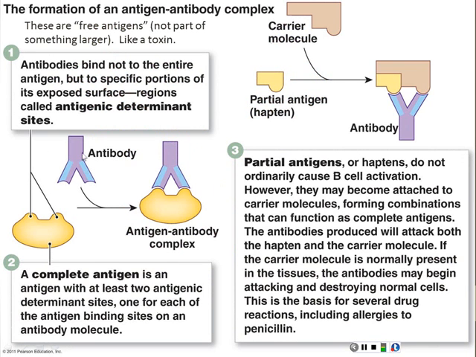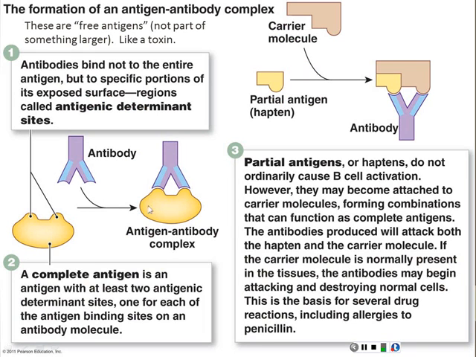Okay. So antibodies, when they bind to their antigen, stick together, and we call that an antigen-antibody complex, right? These complexes can then be attacked by the immune system. So the antibody is attacked, but more importantly, the antigen is attacked.